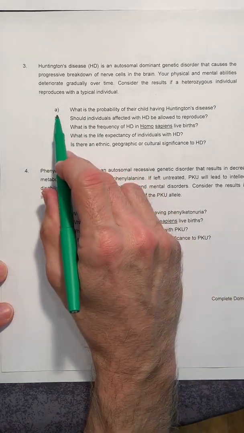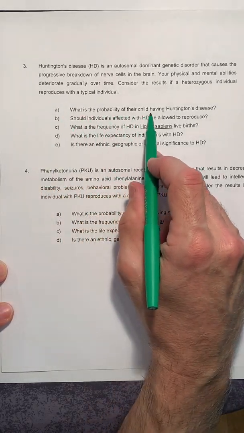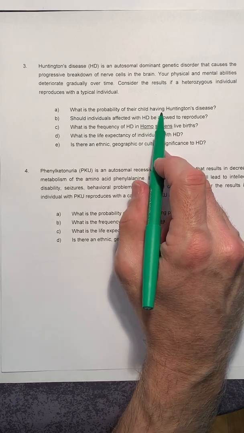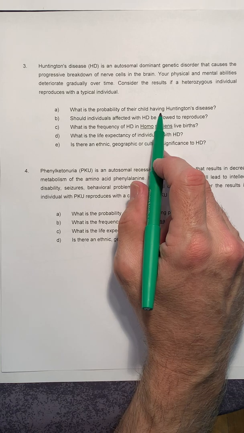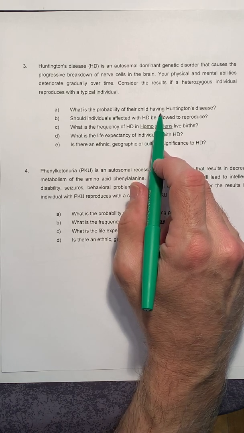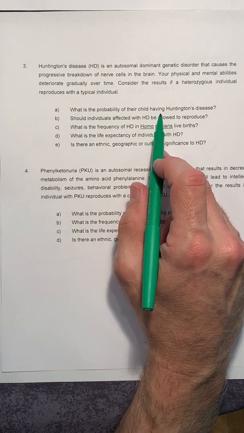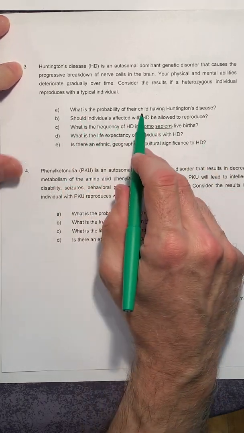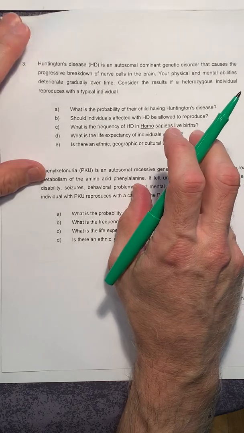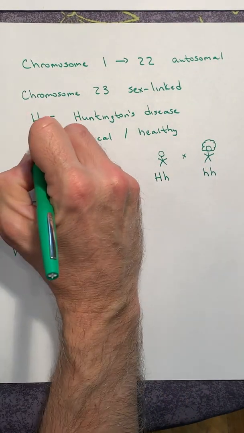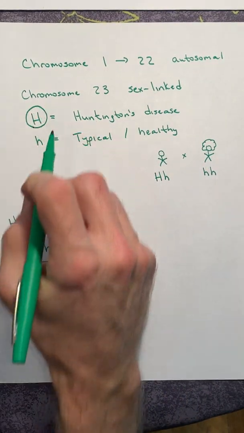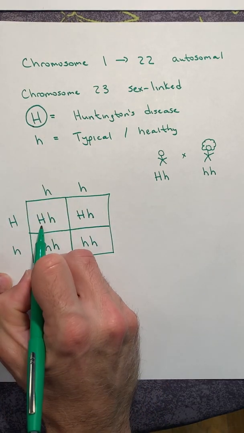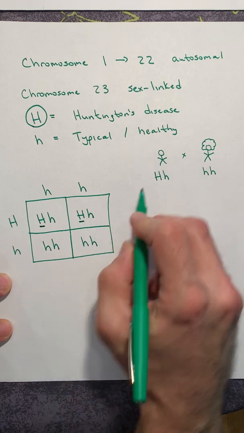It says 3a, what is the probability of their child having Huntington's? Again, this is what people do for work. Genetic counselors sit down and explain the genetics to couples who are considering having children. So let's play the role of a genetic counselor. Huntington's is the dominant allele, so let's look for the dominant allele in their offspring. 1, 2.